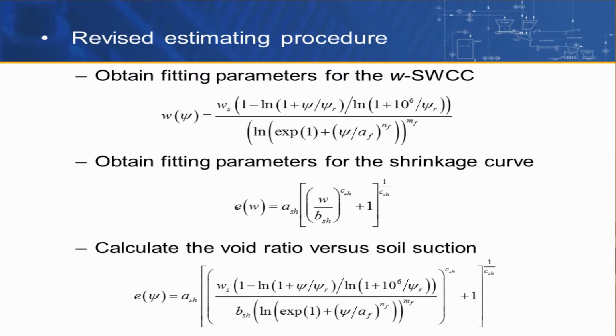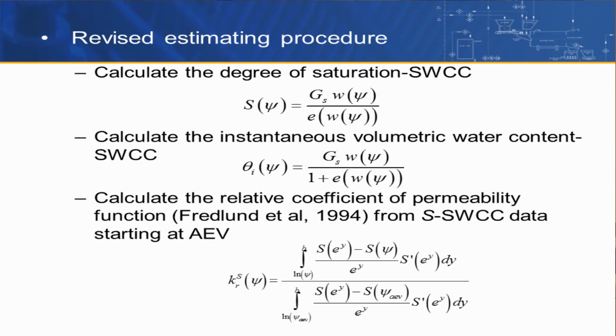The first step is to obtain the parameters for the gravimetric water content SWCC using the Fredlund and Xing equation, and the second step is to obtain the parameters for the shrinkage curve, and then we calculate the void ratio versus the suction, based on these two equations from the gravimetric water content SWCC and the shrinkage curve.